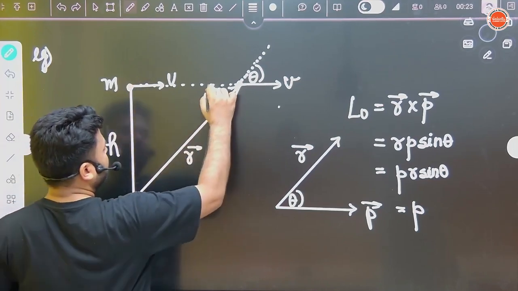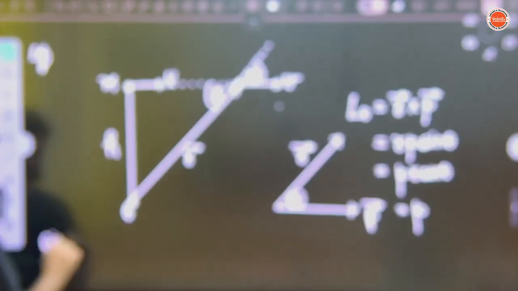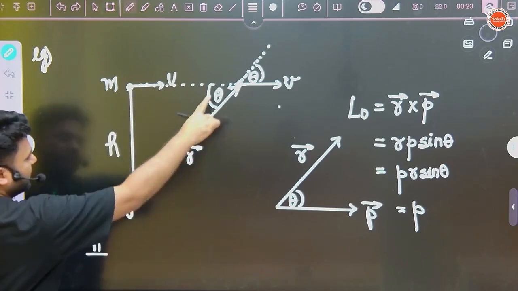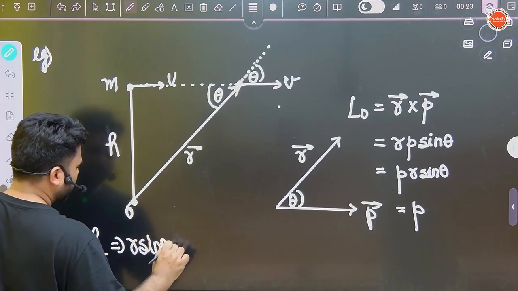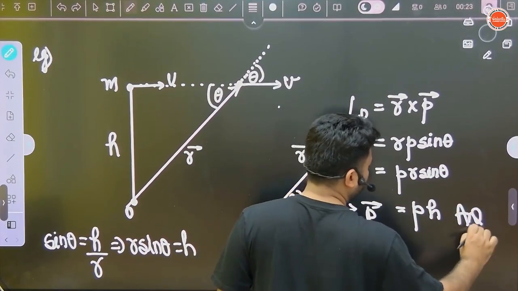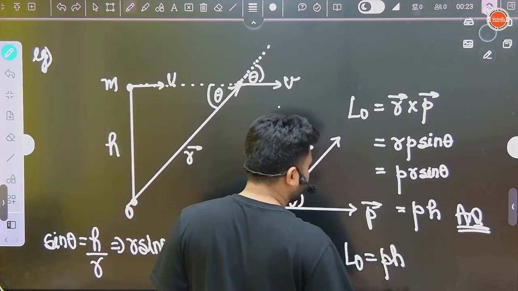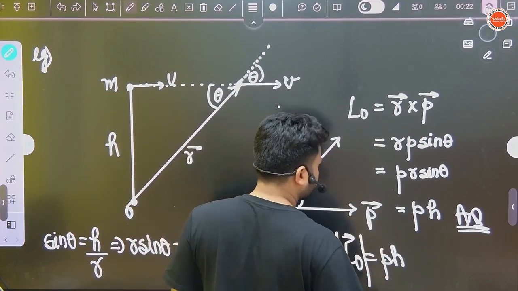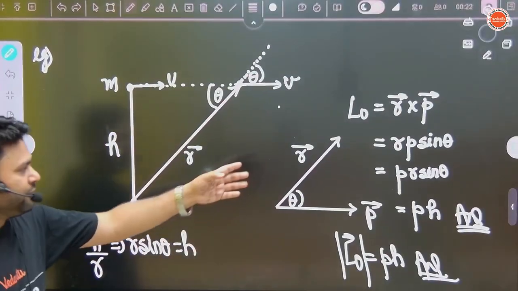If I ask what is sin theta, you will say perpendicular by hypotenuse. Perpendicular means h, hypotenuse means R. So cross multiply, R sin theta equals h. So R sin theta is nothing but h. So our answer will be P h. This will be the angular momentum about O. Correct? I am taking magnitude. Direction you can calculate from basics.